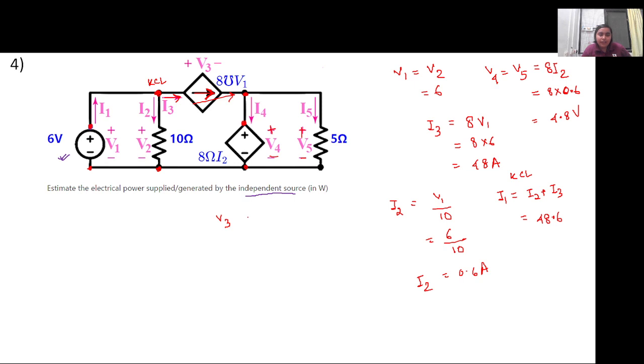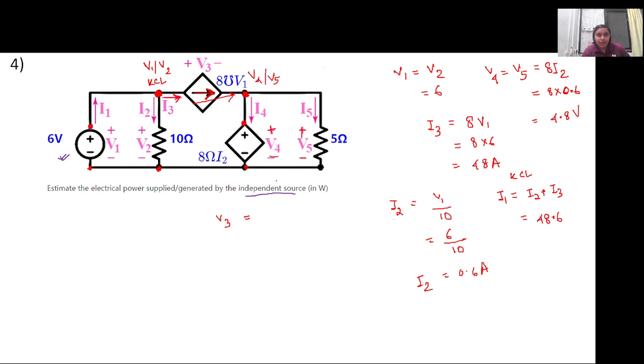So now can we calculate V3? What will be the value of V3? At this particular node, the voltage is either V1 or V2, which is the same. At this particular node, the voltage is either V4 or V5, which are both equal.